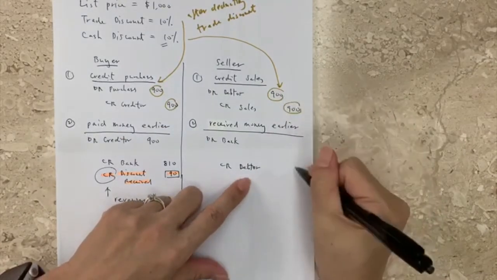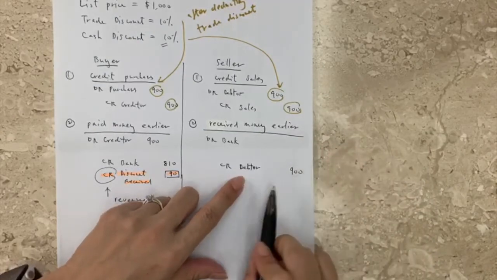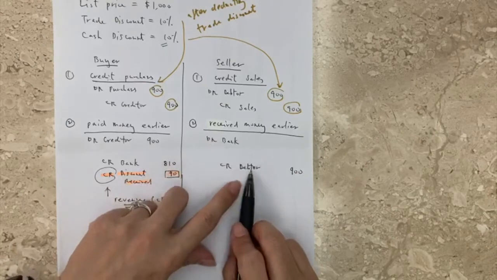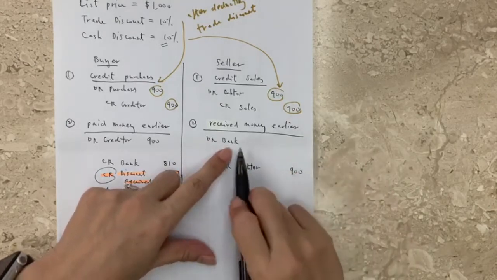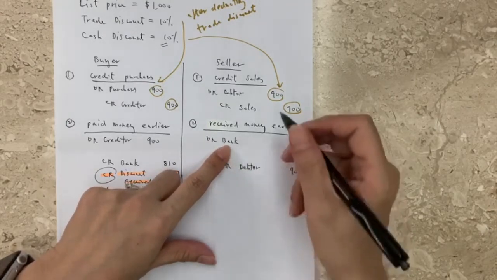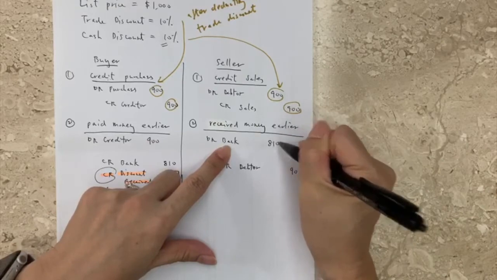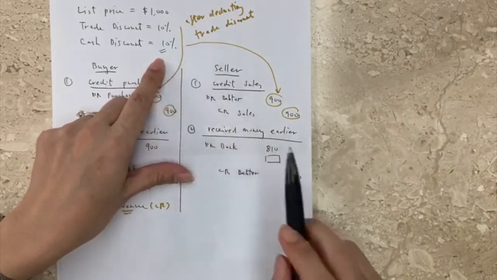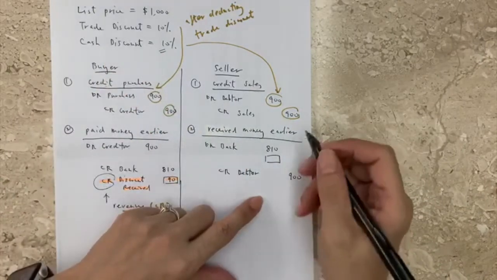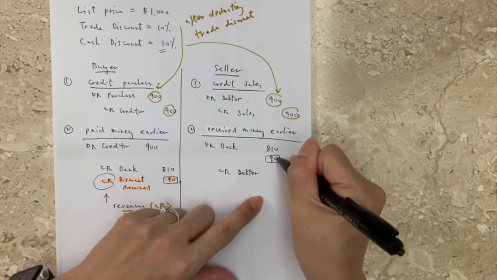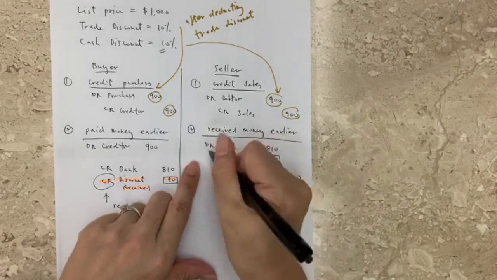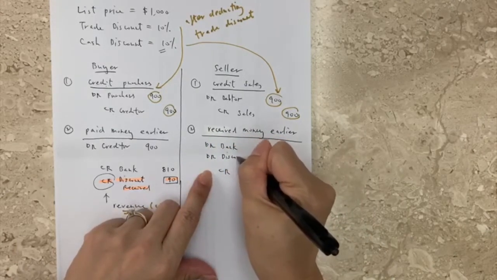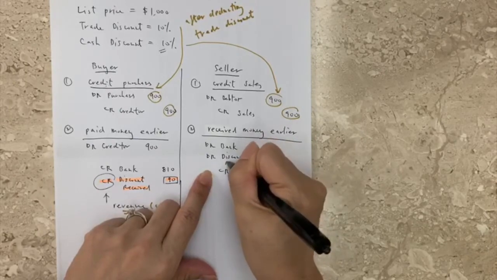Then here is 900, so I put 900 here. Since we want the buyer to pay us earlier, we receive less money. So that is 810, and then we offer them another 10% of cash discount on this 900, which will be 90. So this time you can see 90 being added on the debit side, and we call that discounts allowed.